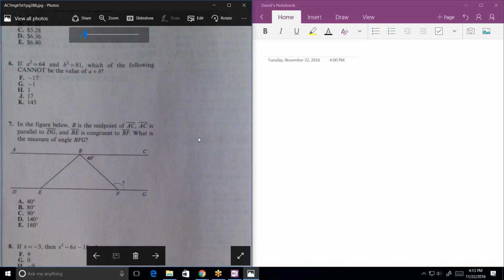Wait, so one answer would be 8 plus 9, which equals 17, so that cancels out J. Then there's negative 8 plus negative 9, which is negative 17, so that cancels out F. Then there's negative 9 plus 8, which equals negative 1. And then, yeah, so it's obviously K. In other words, you could have immediately seen that K could not be the answer.